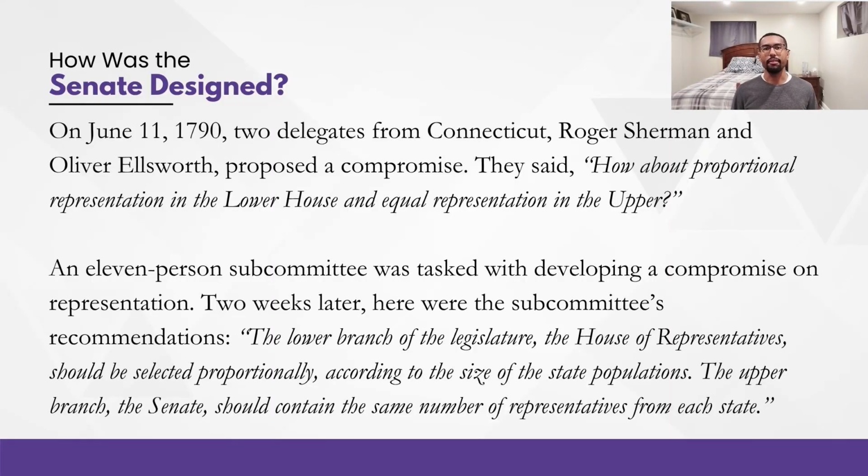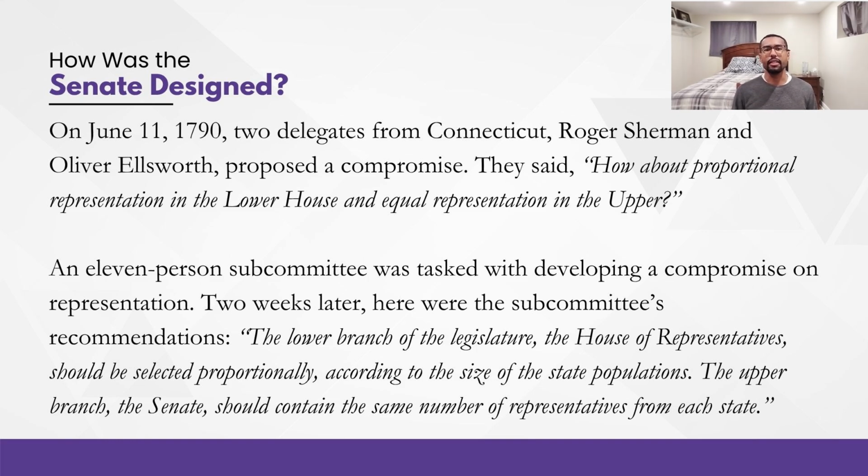On June 11, 1790, 2 delegates from Connecticut, Roger Sherman and Oliver Ellsworth, proposed a compromise. They said, quote, "How about proportional representation in the lower house and equal representation in the upper?" Unquote.